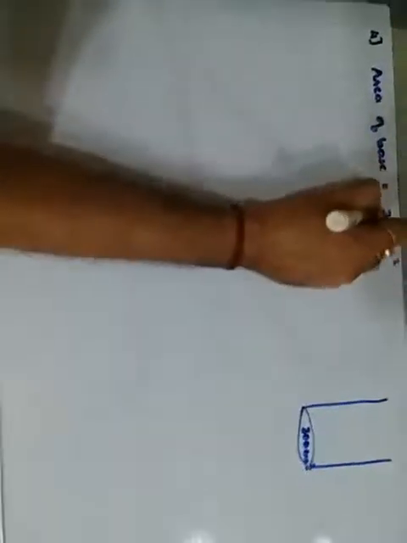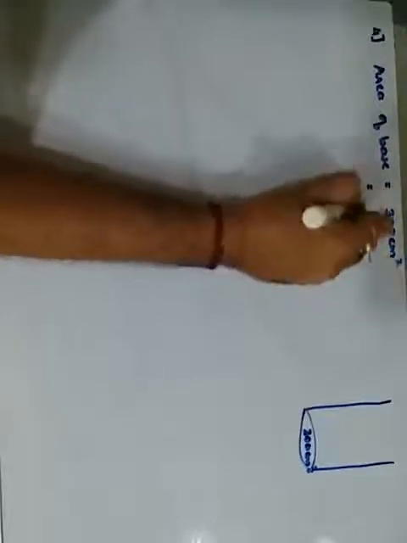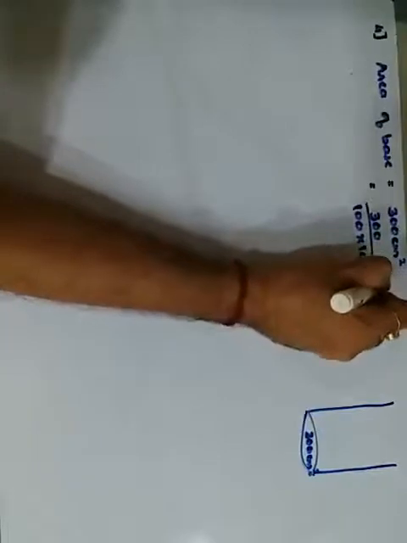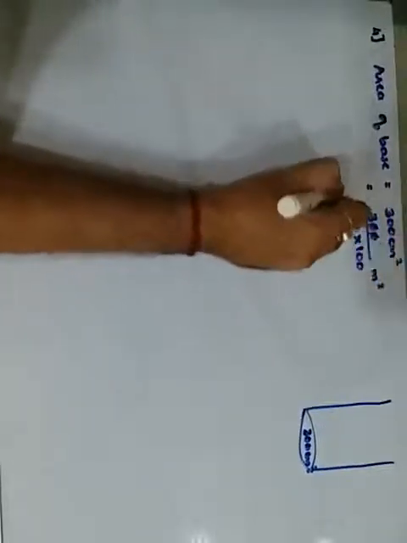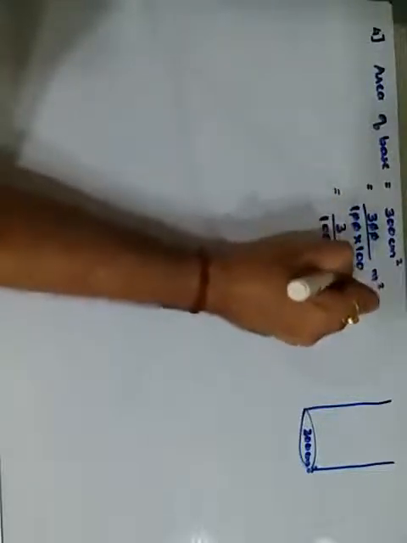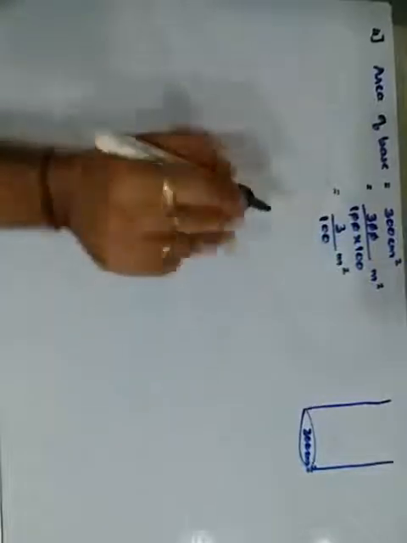Better I convert this beforehand, so 300 upon 100 and one more 100, so that it becomes meter square. If you want, you can cancel the zeros. What is left is 3 upon 100 meter square. Keep it as it is, we will see later what to do.